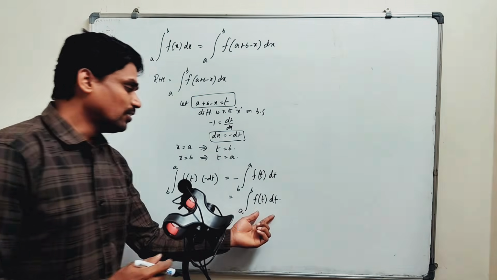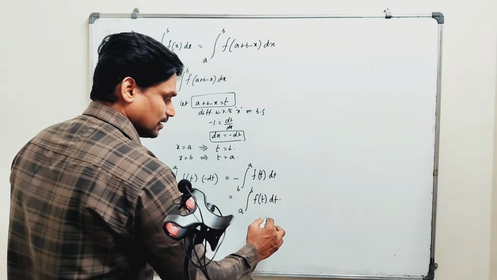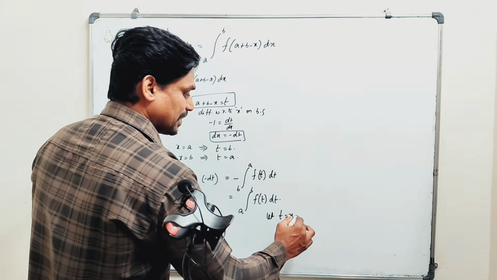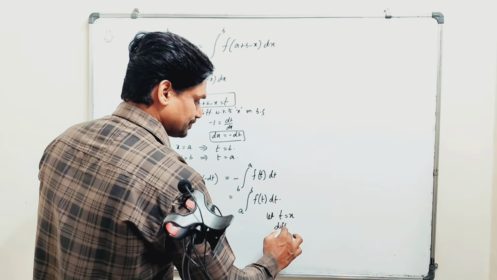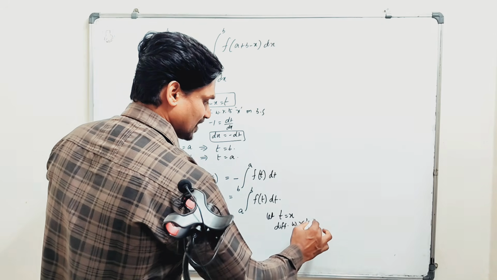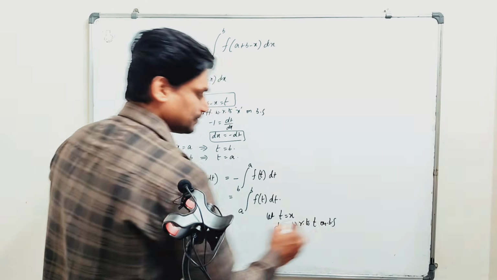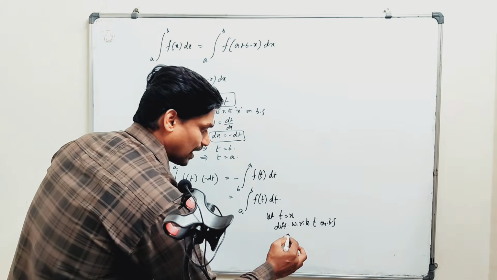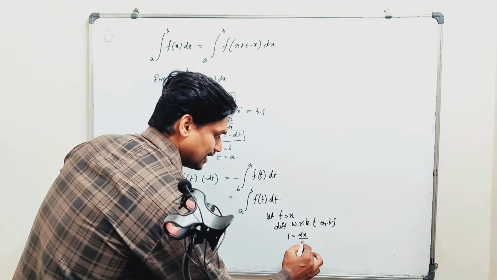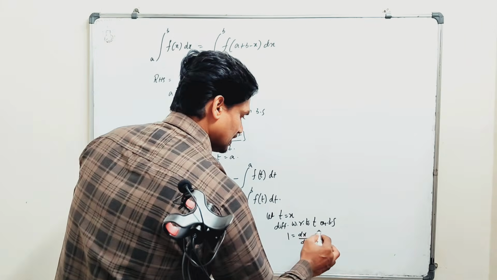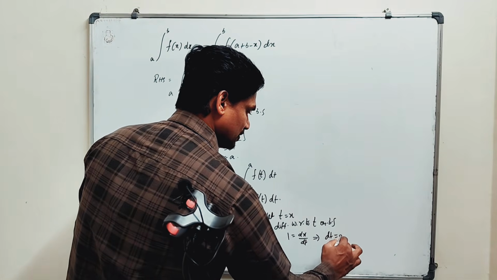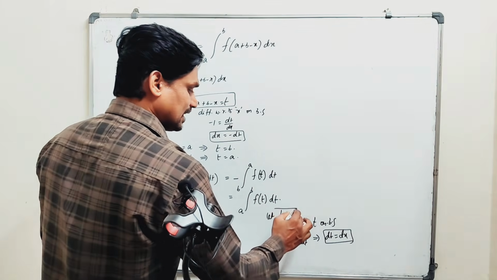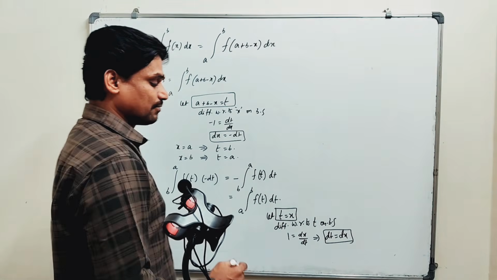Alright, so now let's again change the variable. Let t be equal to x now. Differentiate with respect to t on both sides. So dt becomes dx; t is x and dt is dx.